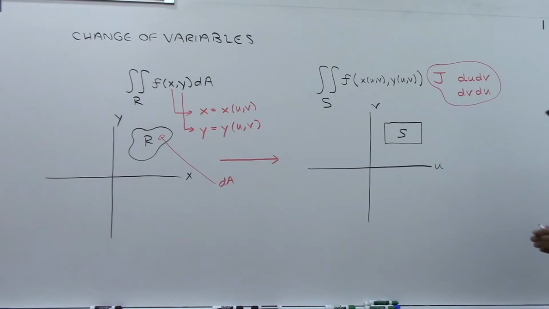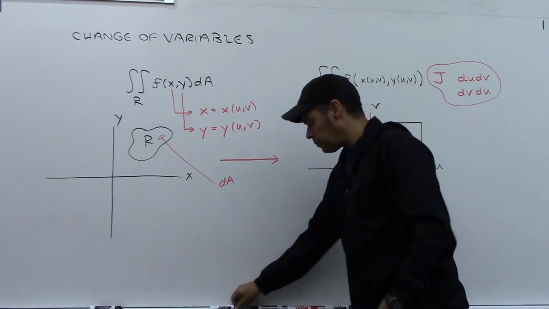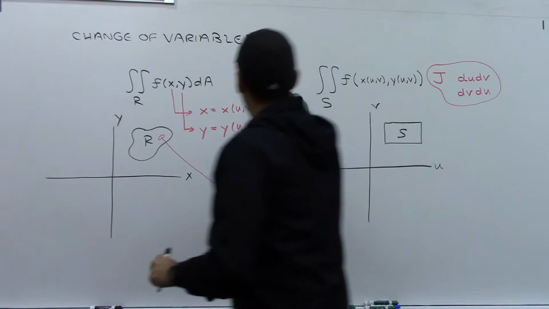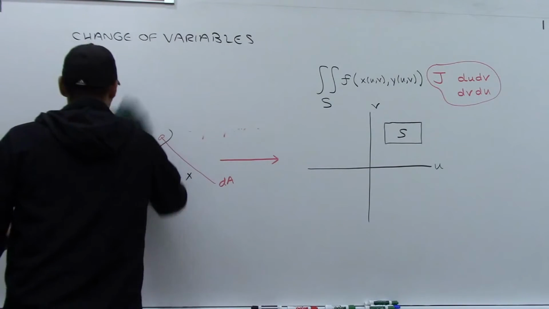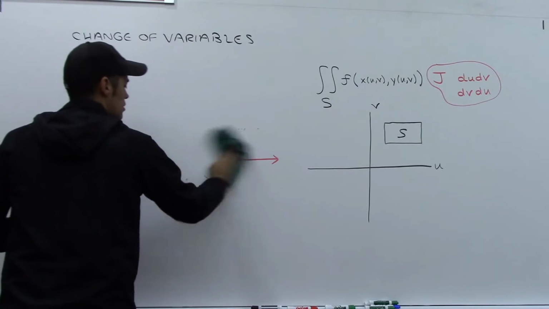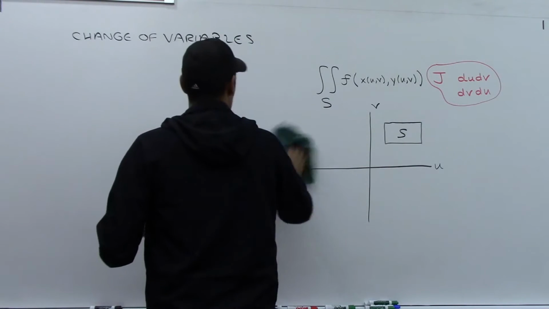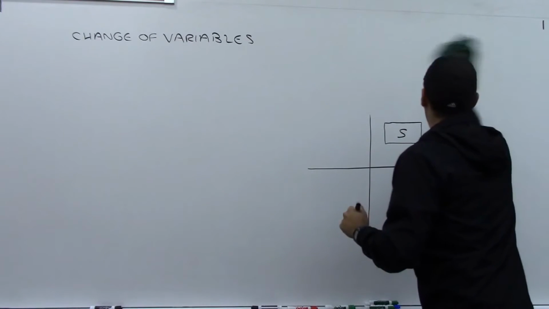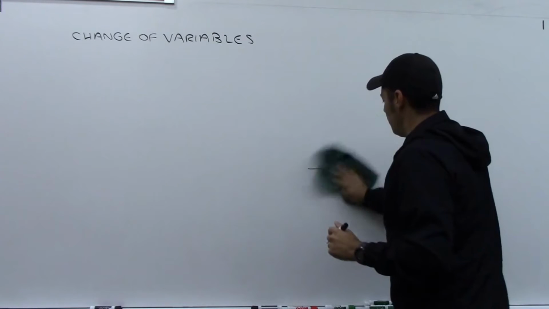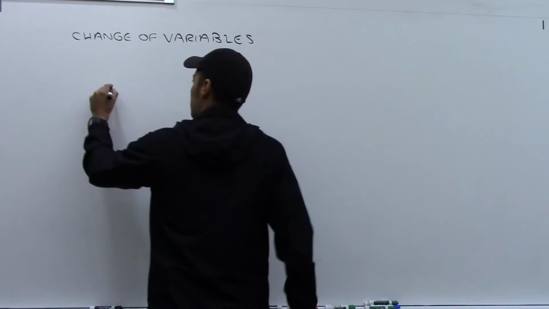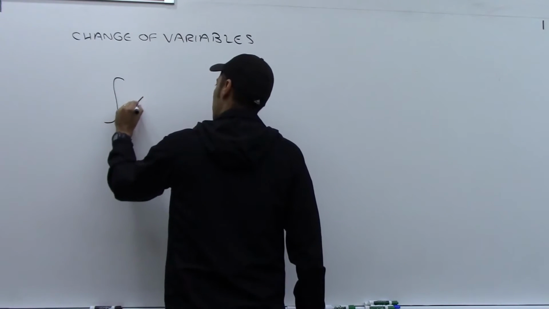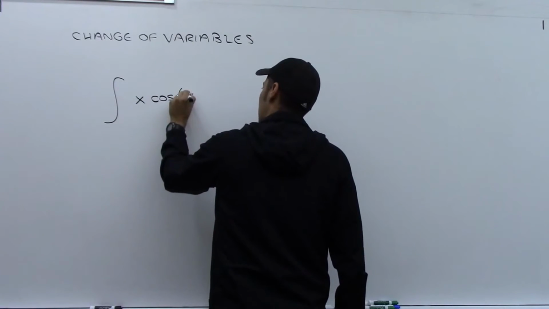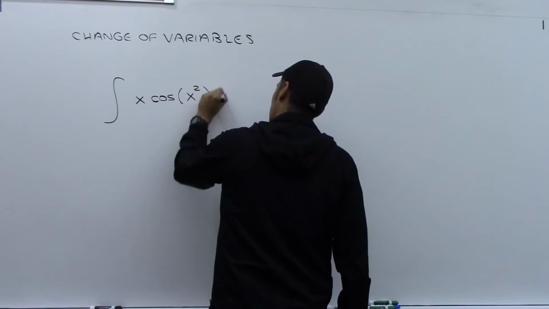So what is J? That's the next natural step, is to ask what is J. Before I can begin figuring out what J is, let me talk a little bit about an example from Cal 2 to show you that you were actually doing this before. Let's say we were trying to integrate in Cal 2 something like x cosine of x squared dx.